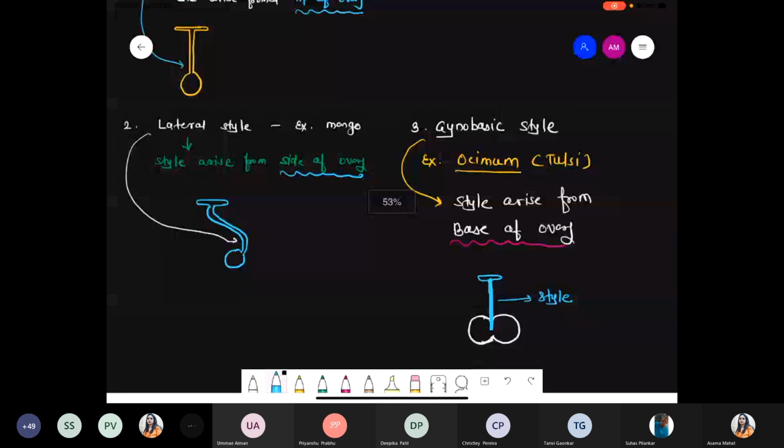The style basically arises from the base of the ovary. Such a condition is called the gynobasic style.